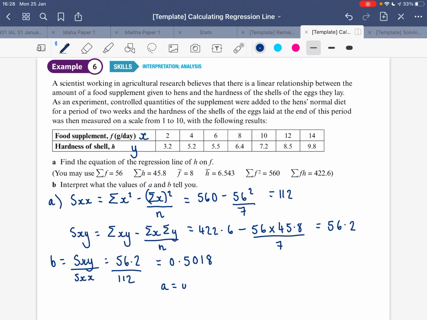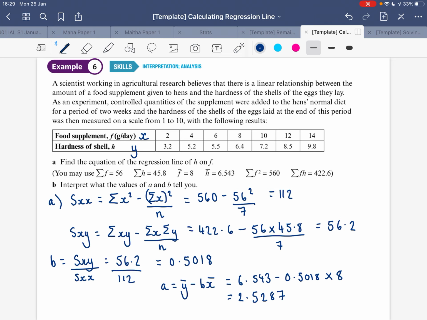A is y bar minus b x bar. Y bar is 6.543 minus 0.5018, which is our B, multiplied by X bar, which is 8. Times that by 8, and then do 6.543 minus the answer, which is 2.5287.